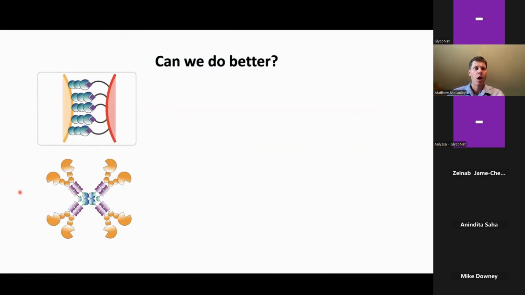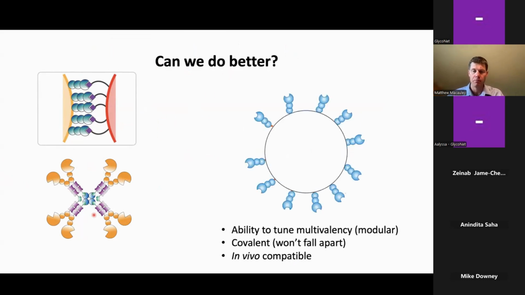All right, but let me get into the part that really excites me, which is our new tools. And the idea here is Siglecs use multivalency. We've captured that with our first generation set of tools, and the question is, can we do better than that? So here were the goals that we set out for ourselves.